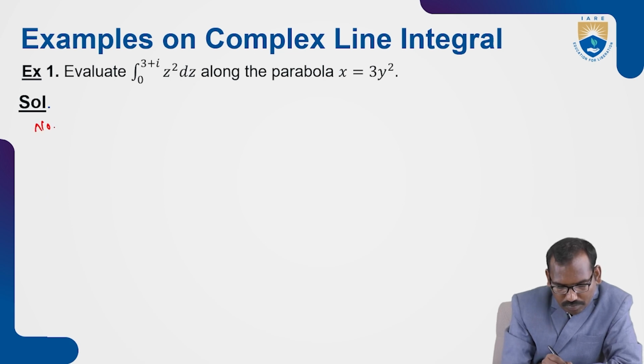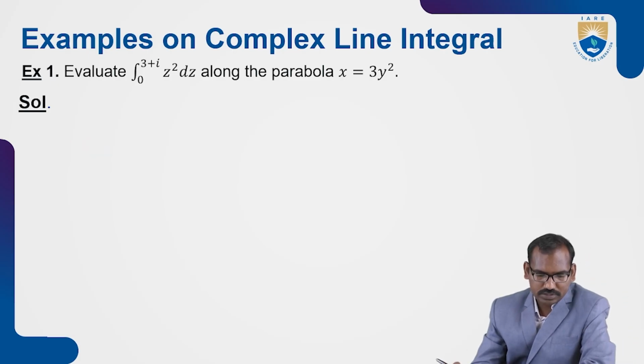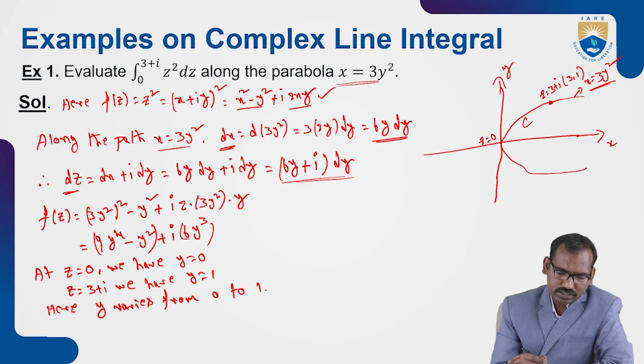Now, the integral from 0 to 3 plus i of z square dz. The function z square means f of z.